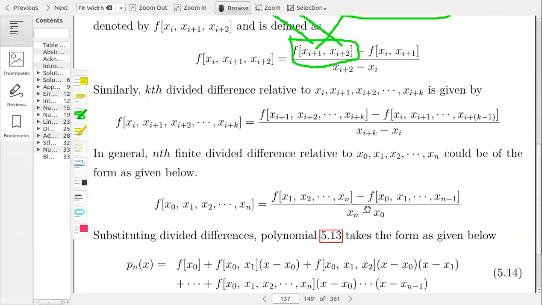So the denominator should be the difference between the last point and the first point, so xn minus x naught. And the numerator should be the difference between f of x1, x2, so on xn, minus the difference started by x0 to xn minus 1. So that is the technique.